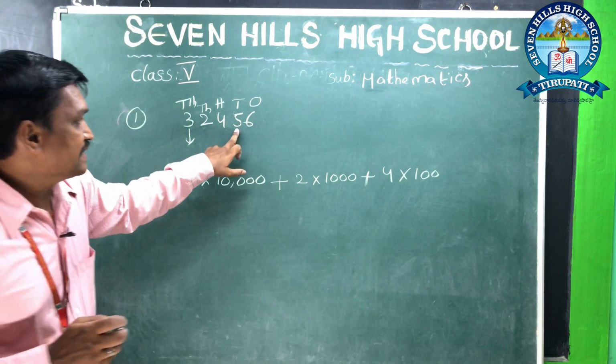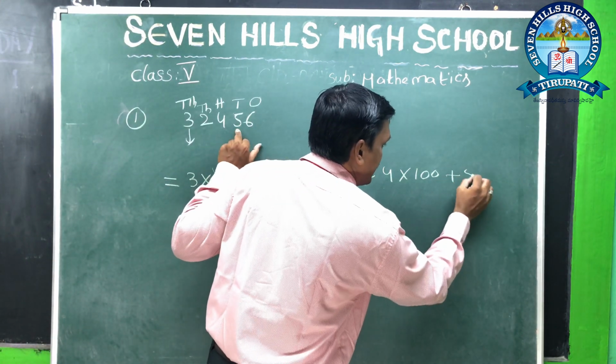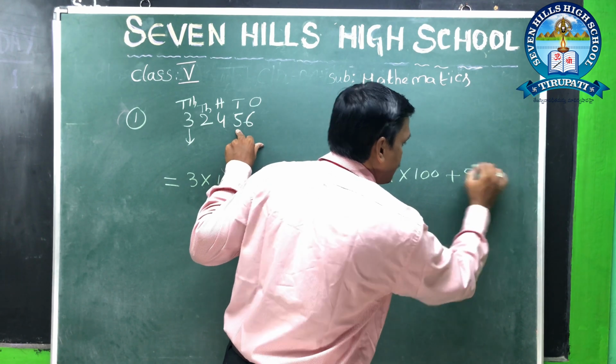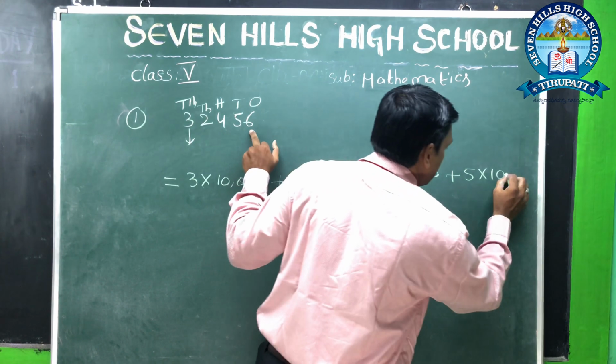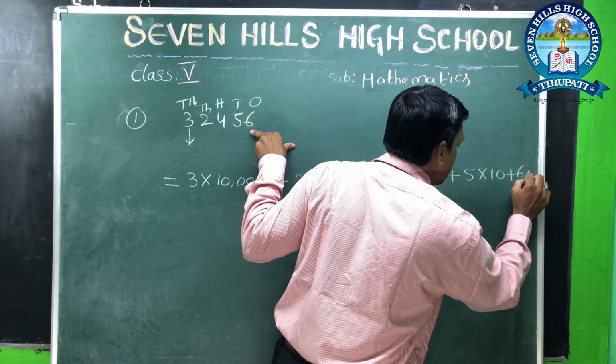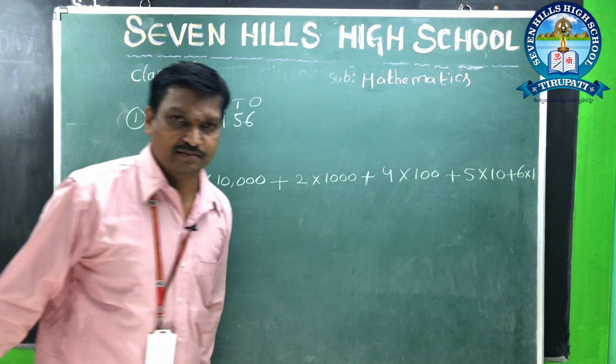Next, the digit 5 is in tens place, 5 into 10. Next, the digit 6 is in ones place.